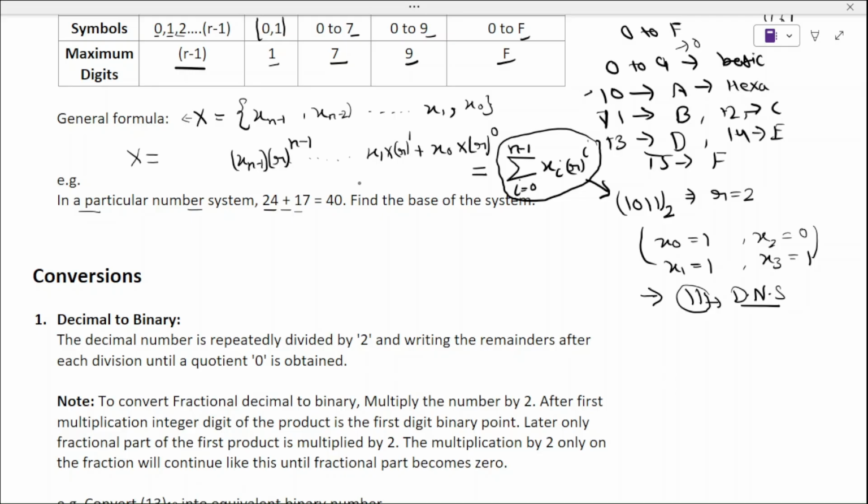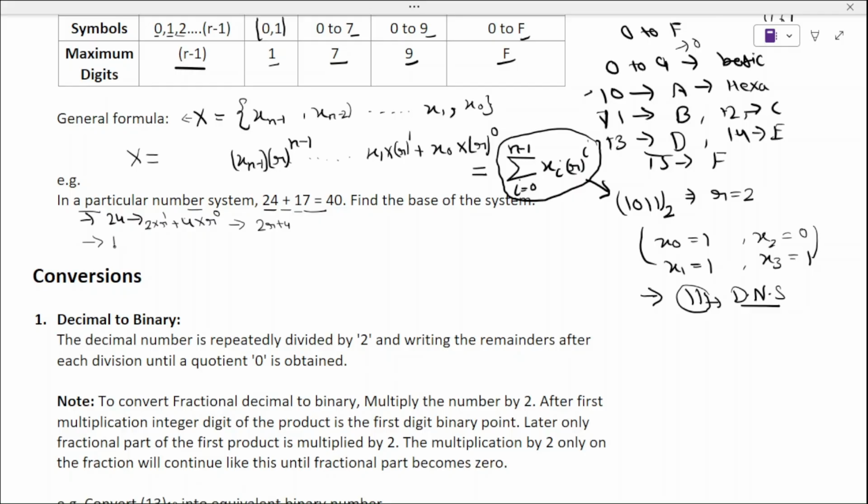So we have to find in which number system that condition will be true. Let's take 24 first. How can we write 24 in our number system? 4 multiplied by r raised to power 0 plus 2 multiplied by r raised to power 1. So the equation is 2r plus 4.